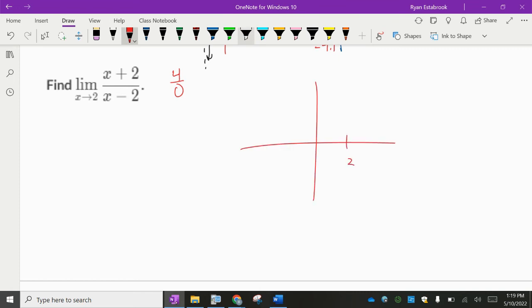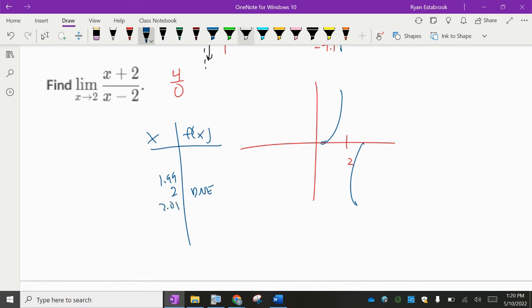At x equals 2, maybe both sides are going up and the answer would be infinity. Or maybe both sides are going down, it's negative infinity. Or maybe still one's going up, the other's going down. So if I call this function f of x, if I plug in 2, it does not exist. Can you figure out on both sides what's going on?